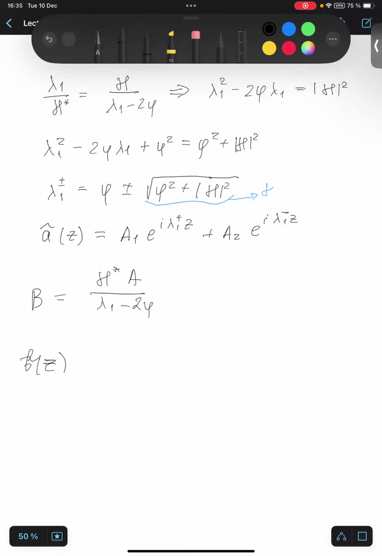Just substitute lambda 1 minus 2 phi and obtain kappa conjugated over lambda 1 plus minus 2 phi, times the exponent with lambda 1 plus minus 2 phi z, and the second solution over lambda 1 minus 2 phi, with the exponent minus 2 phi z.